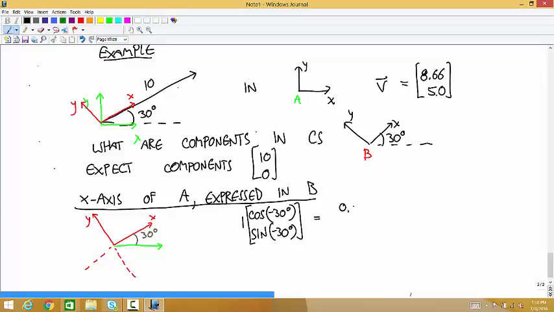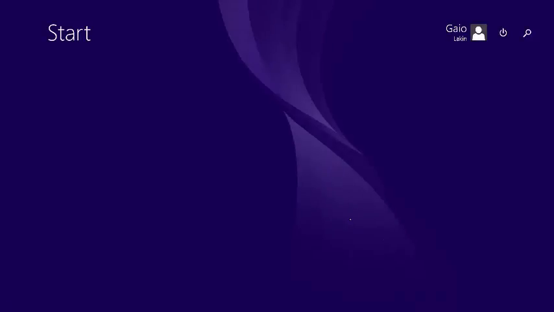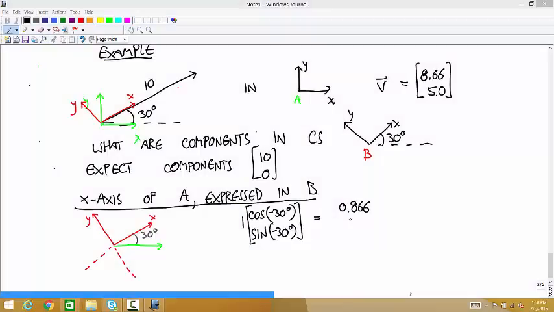So it's going to be 0.866, negative 0.5, and I shouldn't leave off the z-axis, we're going to need that. That green arrow doesn't have any component in the z direction. So you get 0.866, negative 0.5, 0.